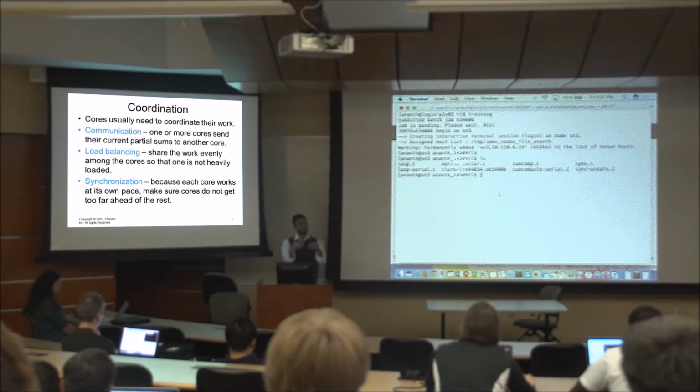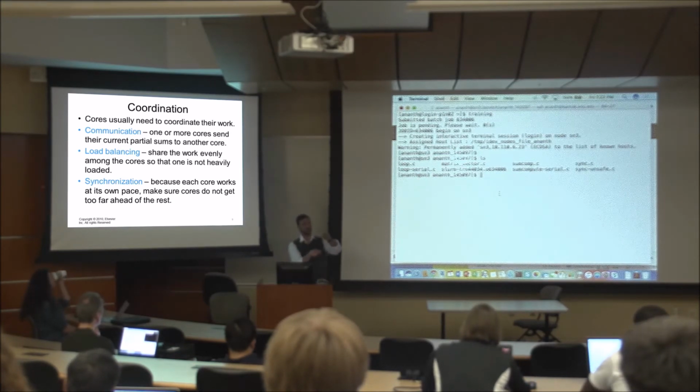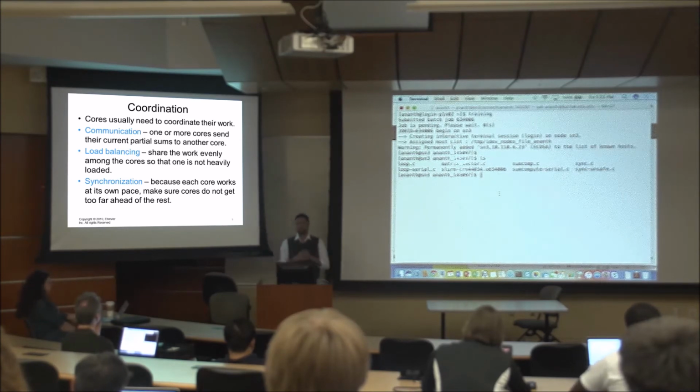Obviously they may corrupt the data because they are doing concurrent writes on the same data variable. So they should try to coordinate their efforts in such a way that one of them does it first, leaves, and the second one does it next, and so on. So it needs to be ordered, serialized in that manner. So that's an example of synchronization.